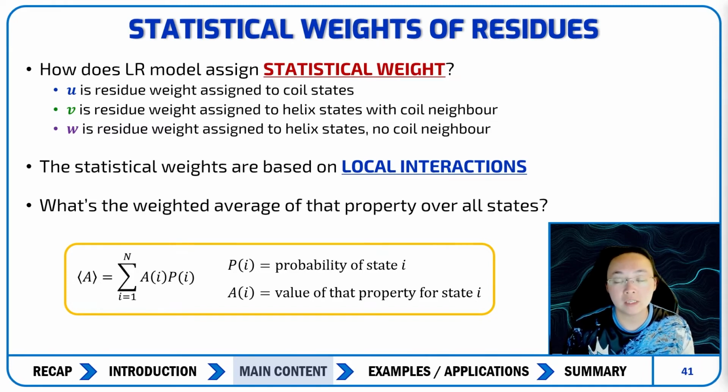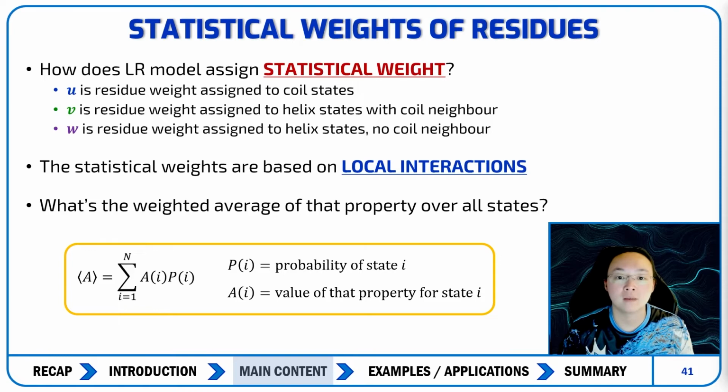We want to make sure that the statistical weights are based on local interactions that govern the chances of a certain state taking place. If you have a coil state before, then most likely what comes after is a coil state. If you have a helix state before, most likely it's going to be another helix state. So there are going to be areas where helix and coil states beside each other will have lower statistical weight because it's rare for that to happen.